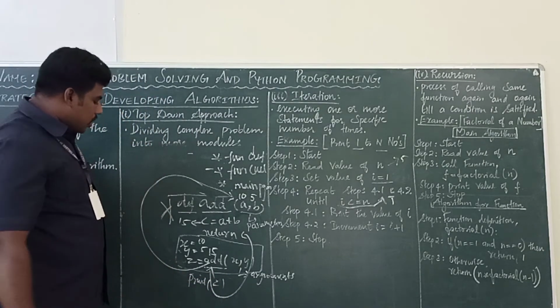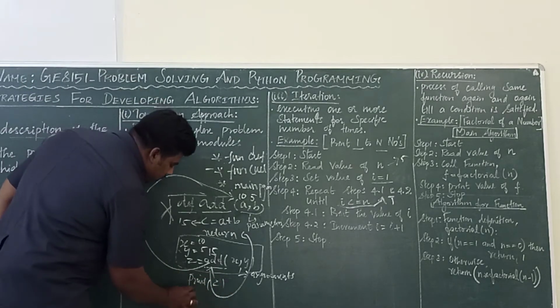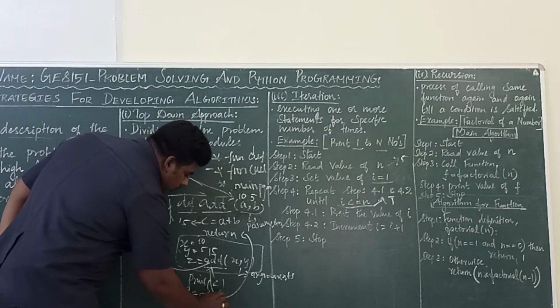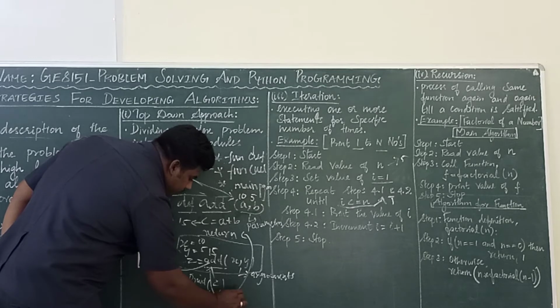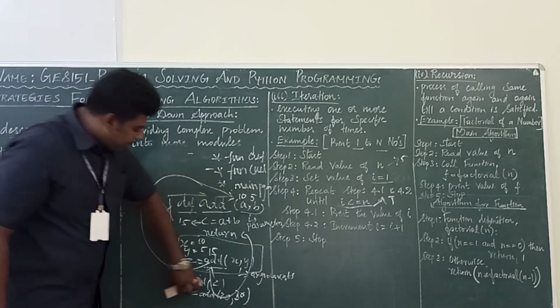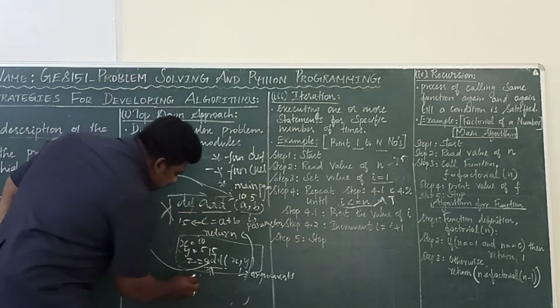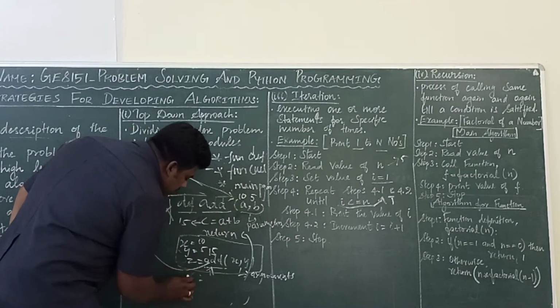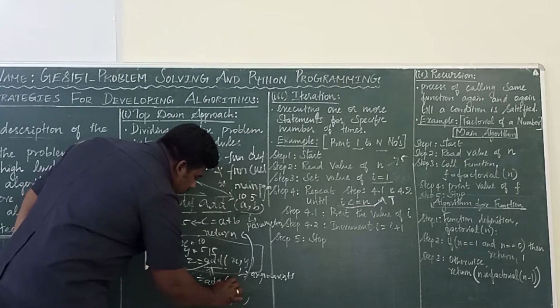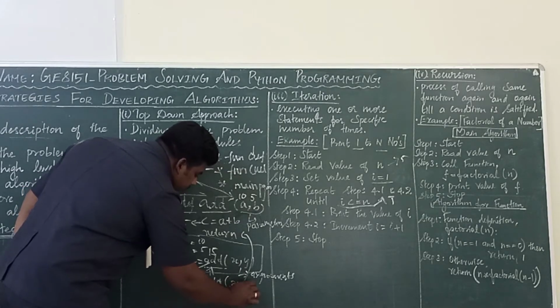Suppose again you want to call. So A equal to add of 20 comma 30. Now what will happen? Instead of print Z, A equal to add of now 30 comma 40.